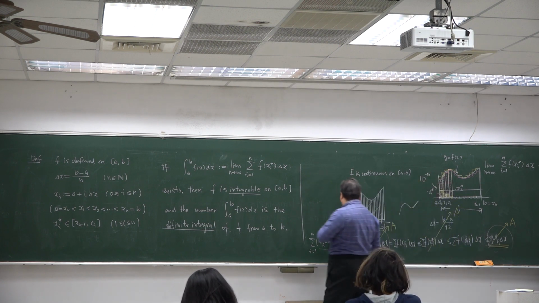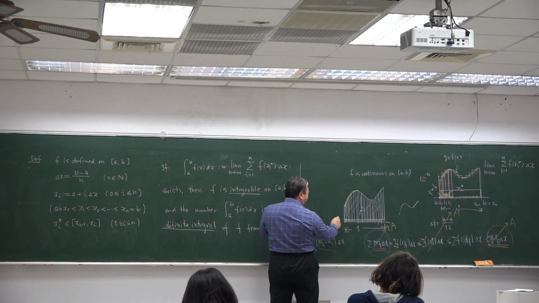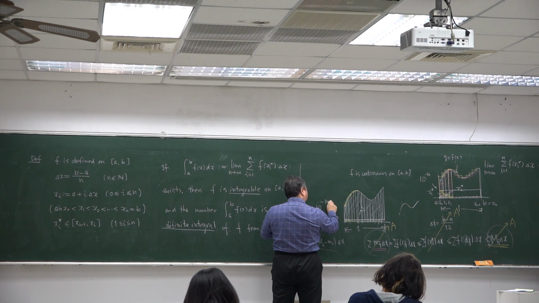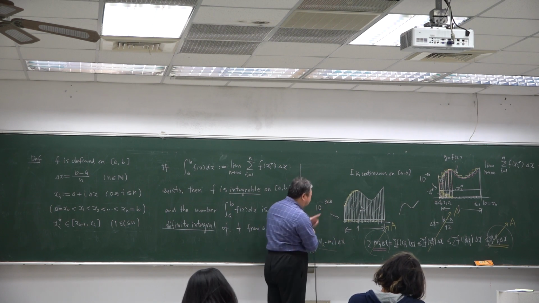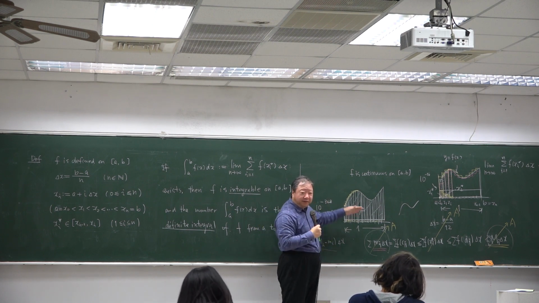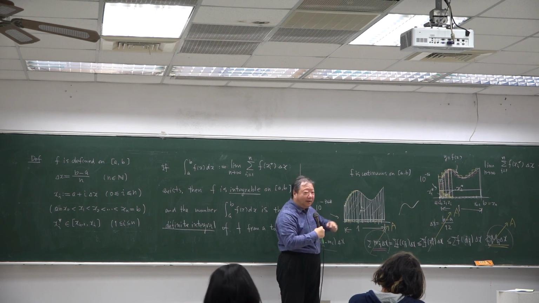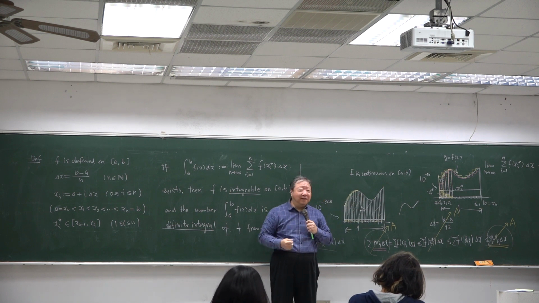But here, maybe n equals 1,000, maybe smaller and smaller. Finally, the difference goes to 0. So this finite sum has a limit.